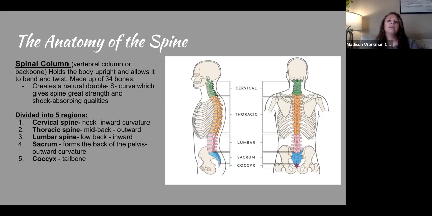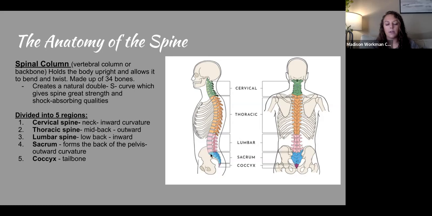So it is divided up into 5 different regions. You have your cervical spine, which is your neck curvature. You have your thoracic spine, which is that mid back region, and it has an outward curvature. You have the lumbar spine or your low back, which curves inward slightly.